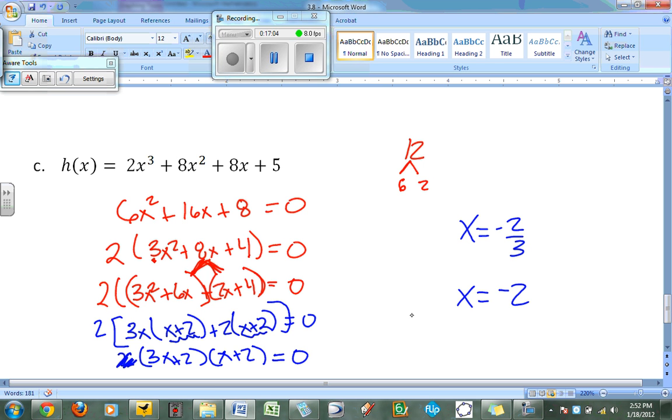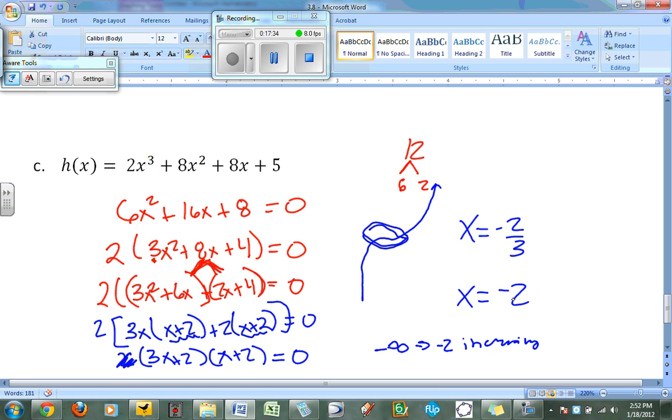And remember now, our function, when we looked at our graph, was doing something like this, right? But in this middle part, it was decreasing for a little bit. So by looking at the graph and comparing our critical points, we know from negative infinity up until it gets to negative 2, it's increasing. But then when it gets to this critical point, a critical point means that it's changing direction.